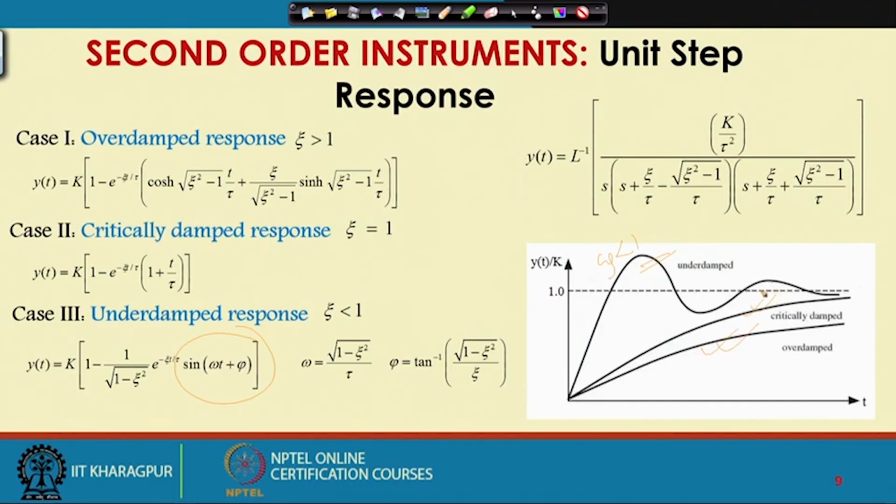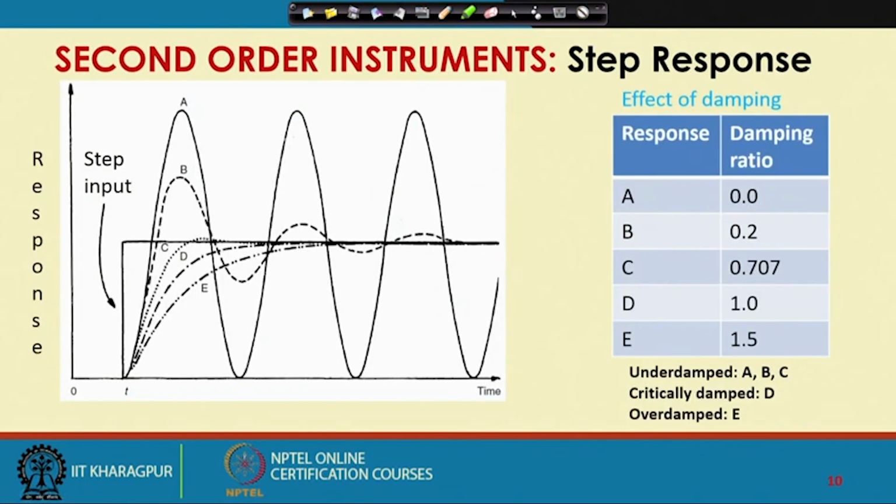So, oscillations will be reduced by increasing the value of zeta. So, this once again shows the effect of this damping factor or damping ratio zeta on the step response for a second order instrument.